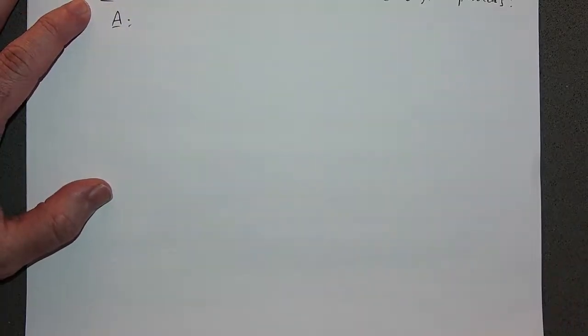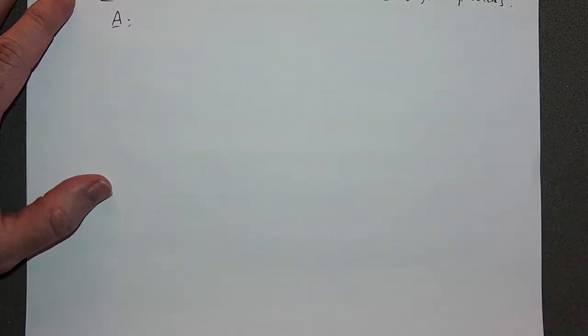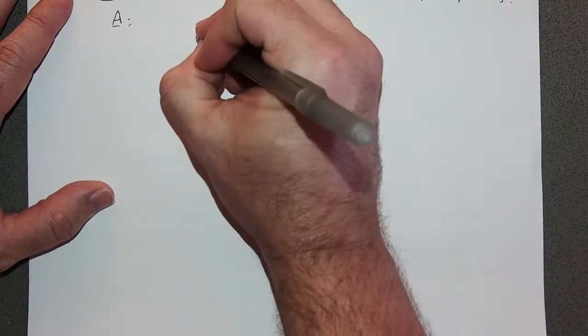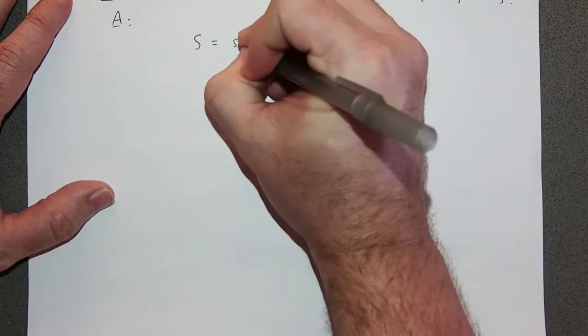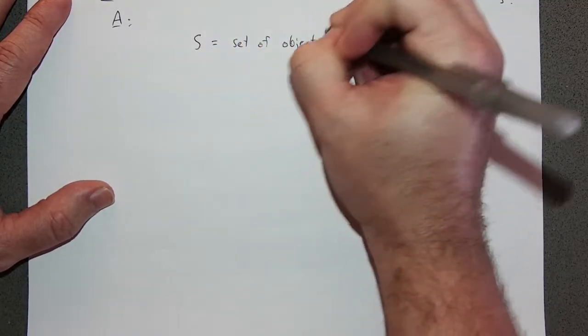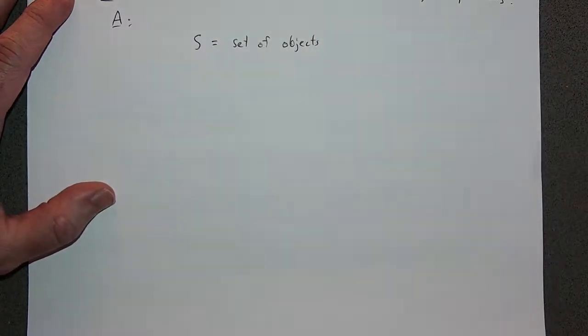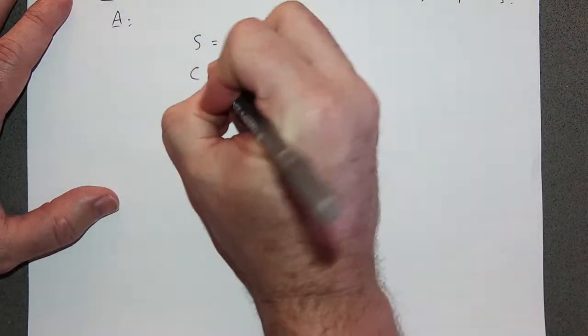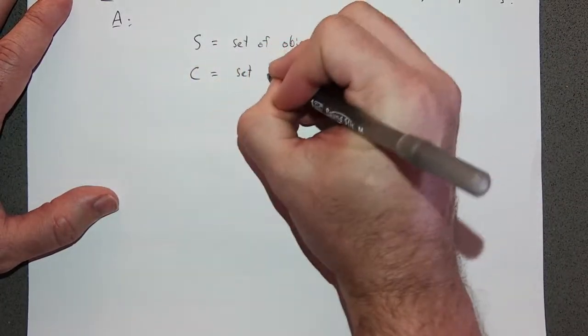Well, to see this, let's do the following. So I want to come up with kind of a general method for counting combinations when we have symmetry. Okay, so we have a set of objects S. We have C, which is a set of colorings of these objects.